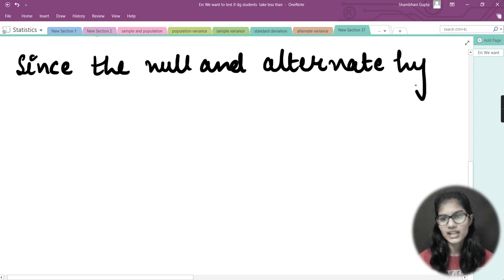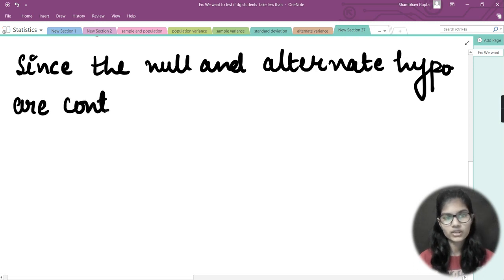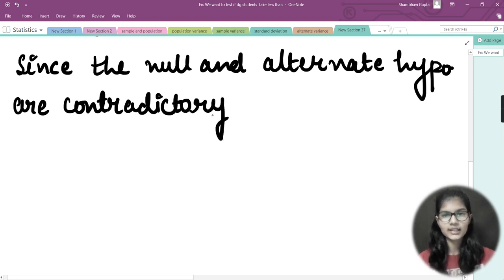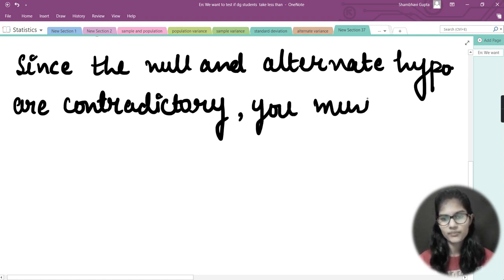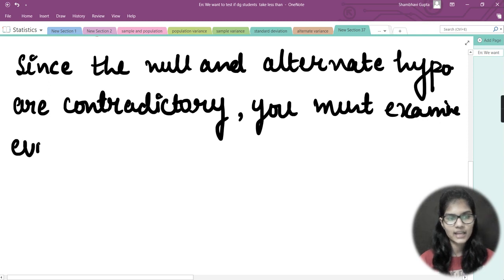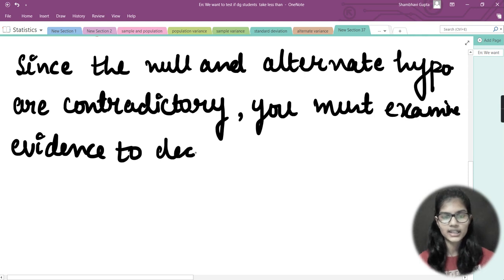Since the null and alternate hypothesis are contradictory, contradictory meaning crossing with each other, you must examine the evidence to decide if you have enough evidence to reject the null hypothesis or not.